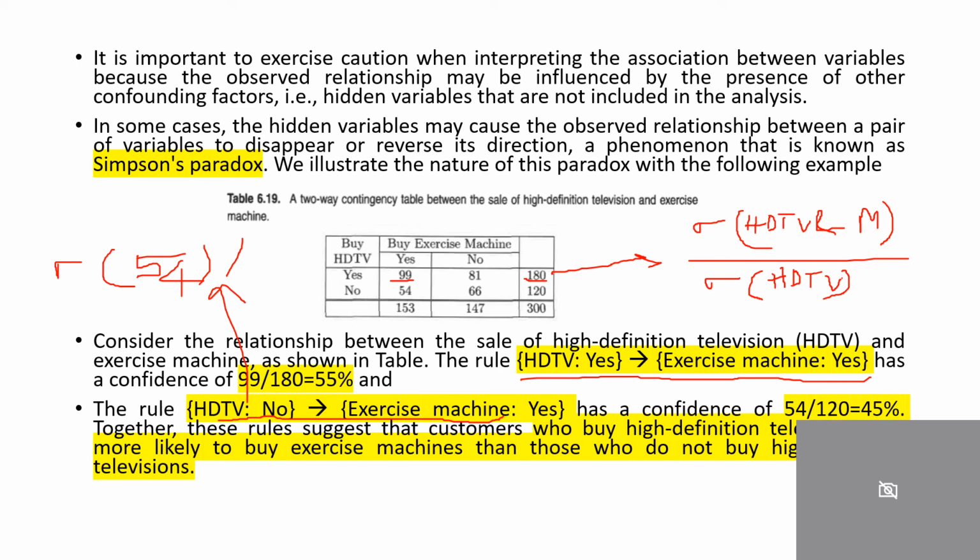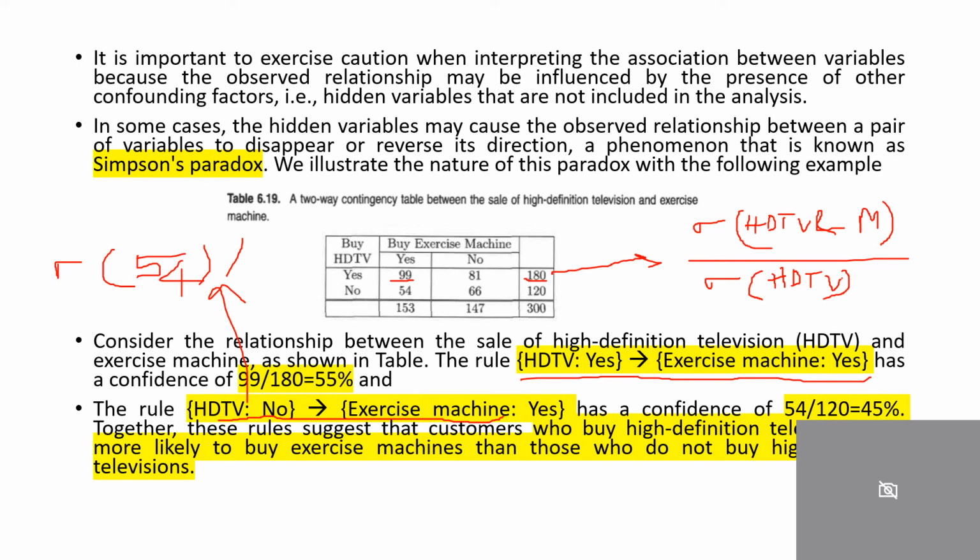Now, if you observe the confidence of these two rules, 55% is greater than 45%. So these rules suggest that the customers who have purchased the HDTV, high definition television, are more likely to purchase the exercise machines.